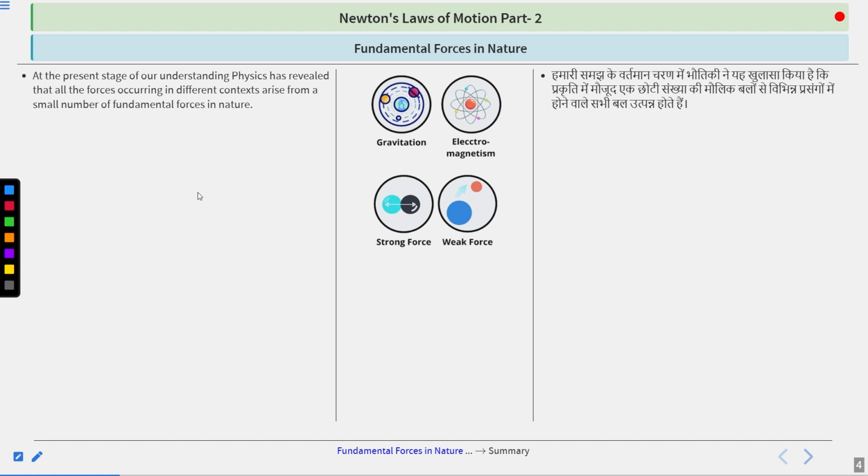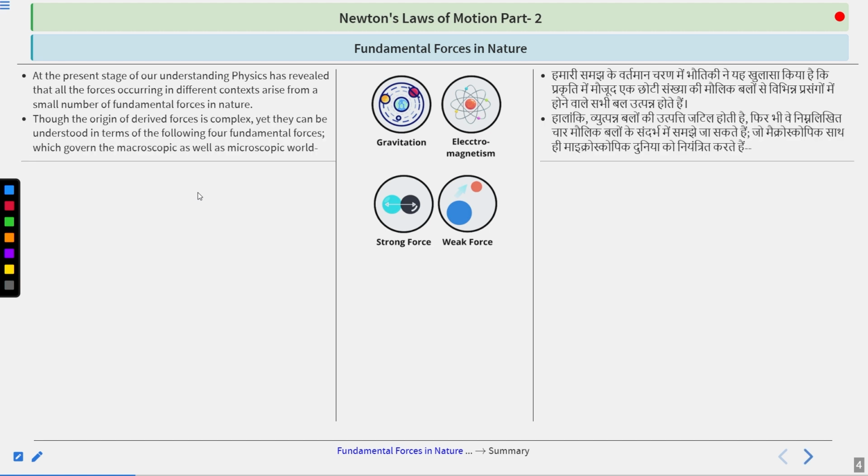So at the present stage of our understanding, physics has revealed that all the forces occurring in different contexts arise from a smaller number of fundamental forces in nature. Whatever forces you see around yourself, they arise because of a small number of fundamental forces.